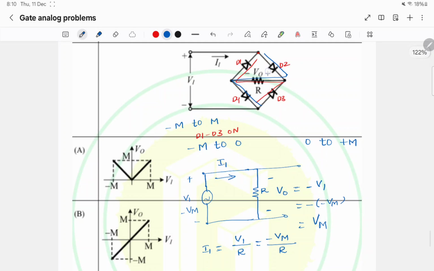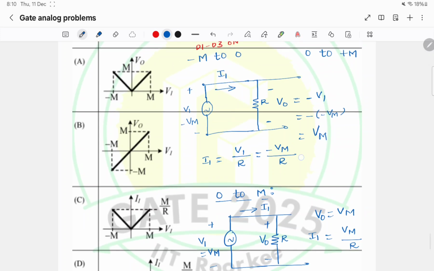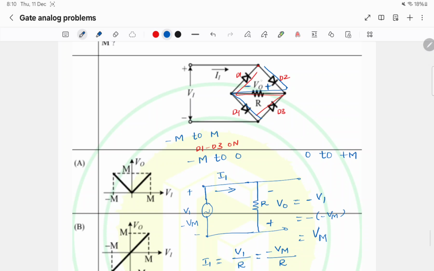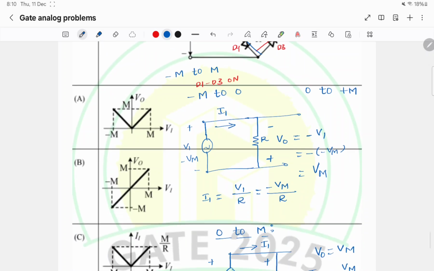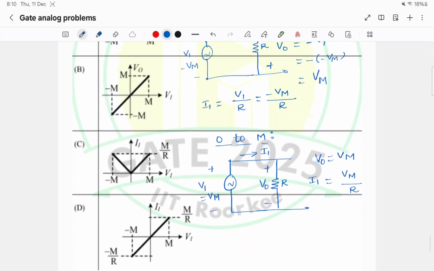Here the current is flowing from positive terminal to negative, so this is plus, this is minus R, and the direction is same, V0. Here V0 is Vm, I1 is Vm by R. In the first case, the current was flowing from negative terminal of resistor to positive terminal, so V0 potential is negative of the input voltage. Here it is in the same polarity.